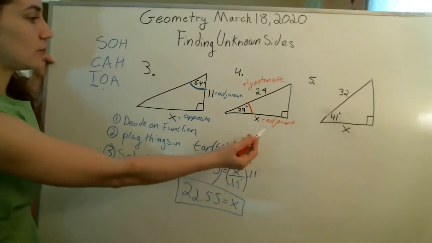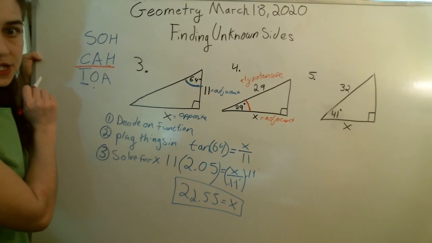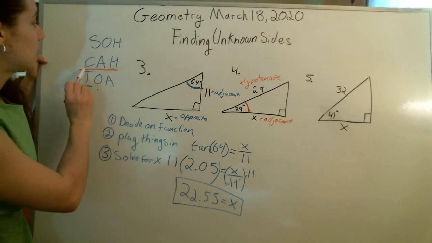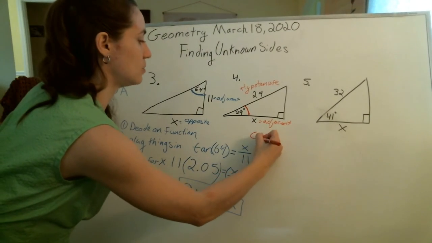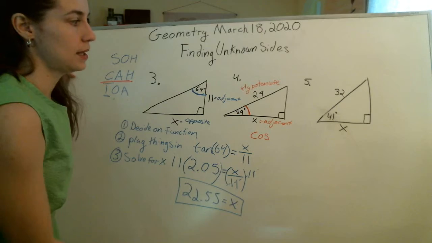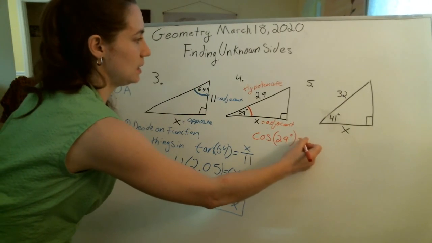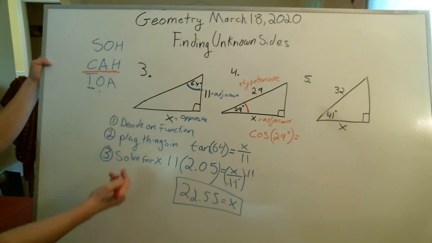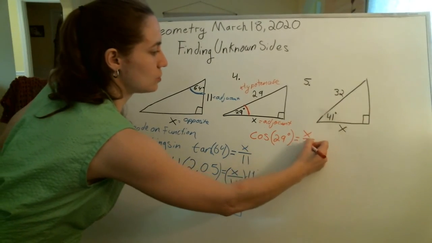Which one has adjacent and hypotenuse? SOH CAH TOA, so CAH: cosine is adjacent over hypotenuse. So we're going to decide the function is cosine. Plug in your degree: cosine of 29 degrees equals adjacent over hypotenuse, that's x over 29.